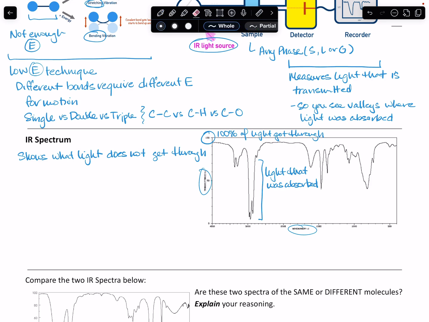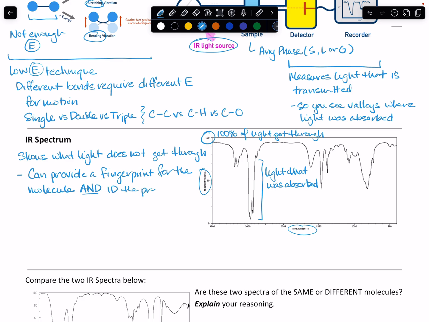What we use this most often for is fingerprinting. So it can provide a fingerprint for the molecule and identify the presence of bond types.